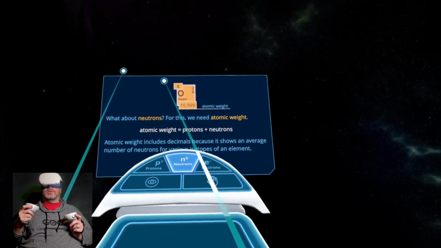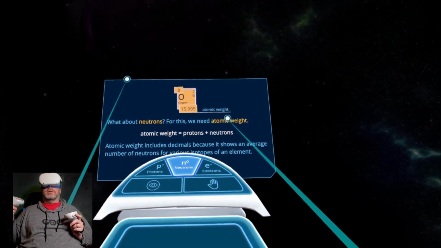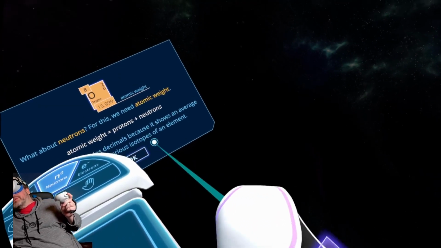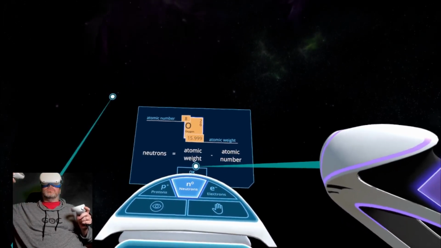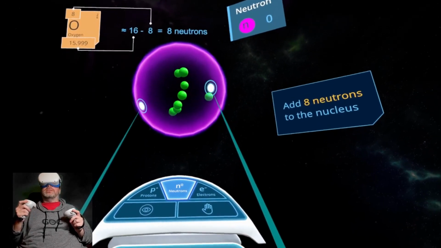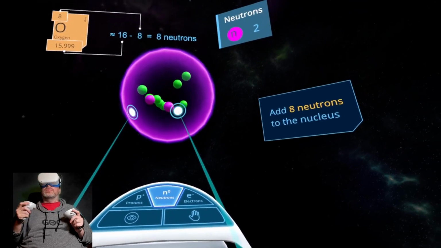And for neutrons, we need the atomic weight, which is 15.99. And for some reason, the OK button is behind this tutorial menu, which is a little weird. So 16 minus 8 is 8 neutrons as well.